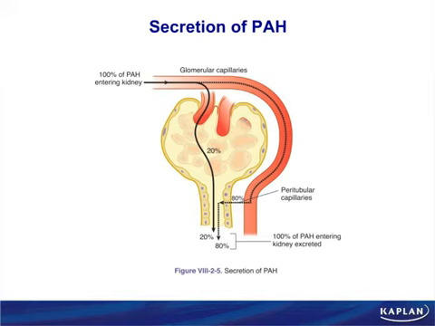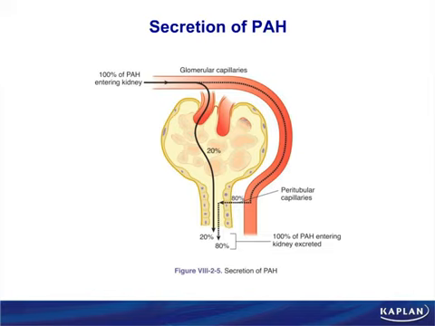Therefore, in experiments, we use the clearance of PAH to calculate what we call the effective renal plasma flow. You will be questioned on this in the exam. They will ask you to calculate the effective renal plasma flow.